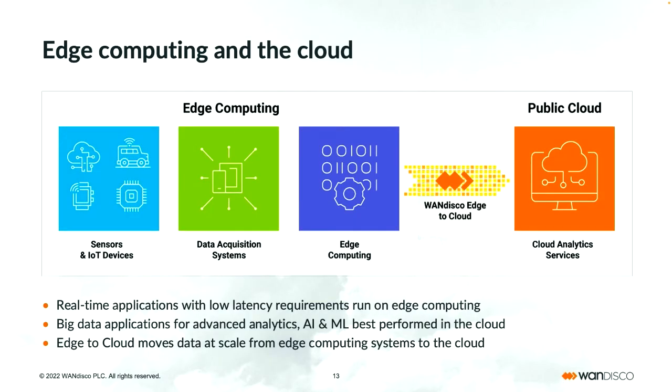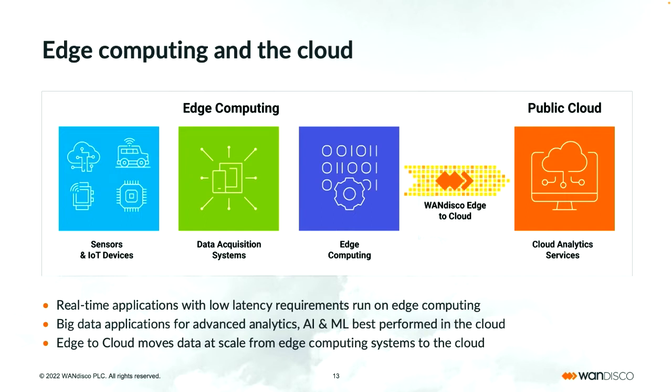And that's the role of the edge to cloud topic of my presentation. What happens between the edge, where you capture that data, hold it in storage, and the cloud environments that need to be used to gain business value from the rich data sets at the edge. That's the role of what we call edge to cloud.